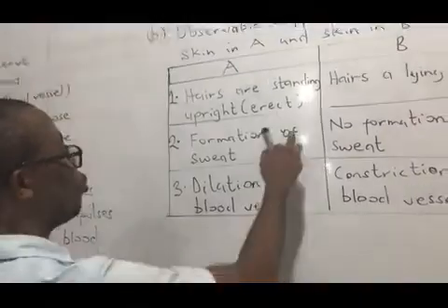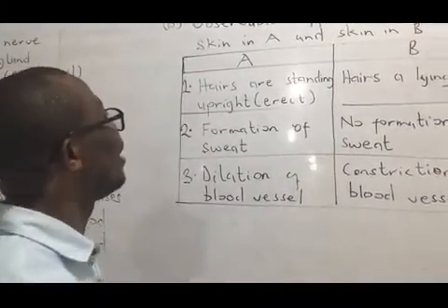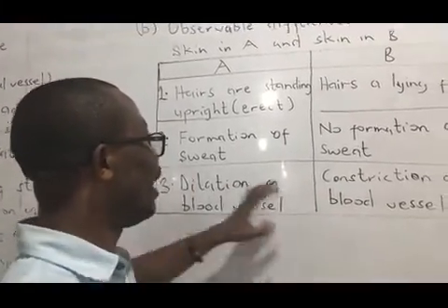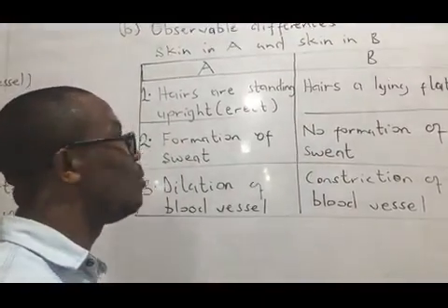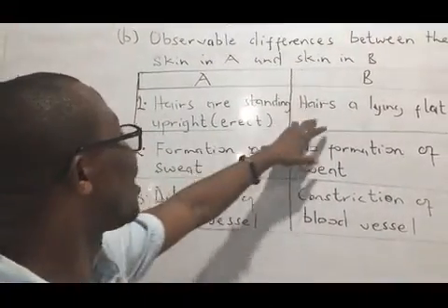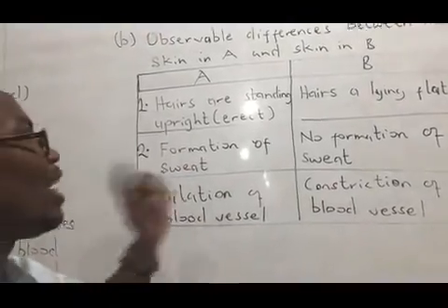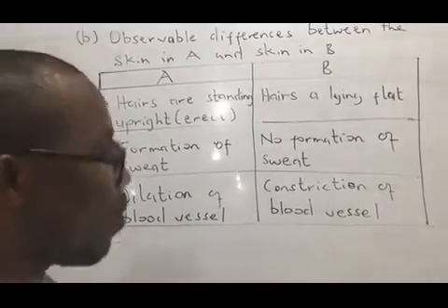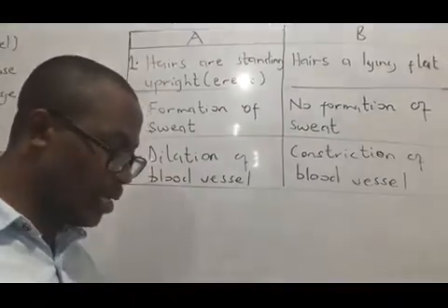But if you're supposed to focus on this one, then the condition in which the hair stands erect is for cold weather, and the condition in which the hair lies flat on the surface of the skin is for hot weather. So that ends question 26.